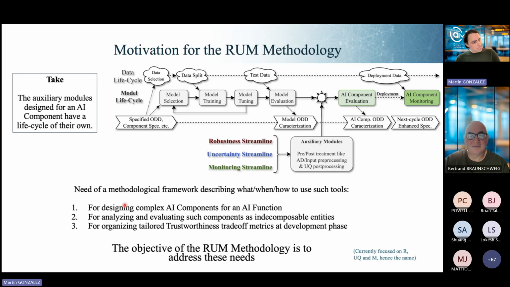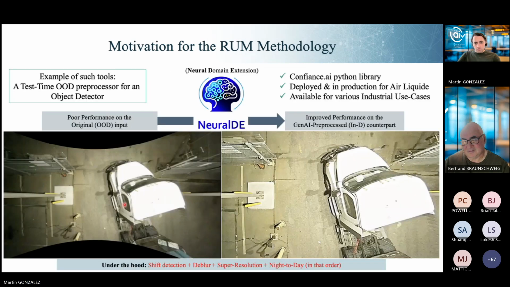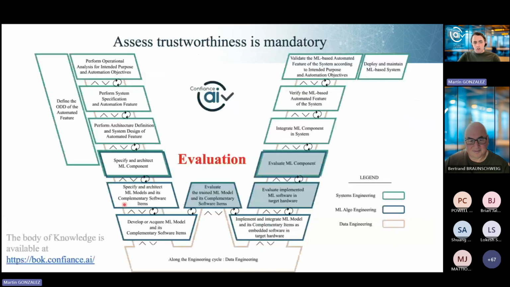The first thing that I could say is that at some point during the very end of the Confiance AI program, we put a lot of effort into applying this end-to-end methodology to use cases. And at some point, the people trying to implement this end-to-end methodology had to come up with very specific AI components to address their use cases.